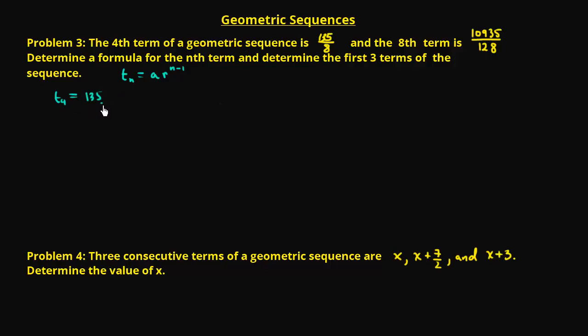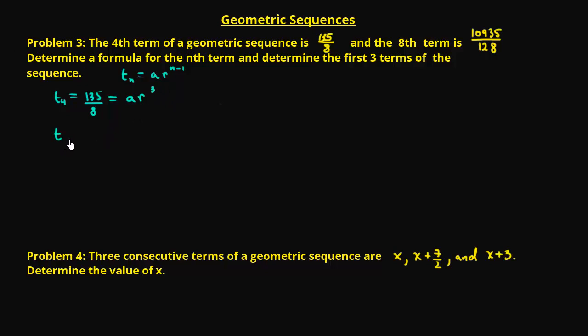So we have that t sub 4 is 135 over 8, and that's equivalent to a times r to the power of 4 minus 1, which is just 3. So t sub 4 is ar to the power of 3.